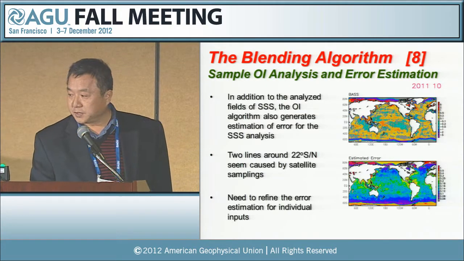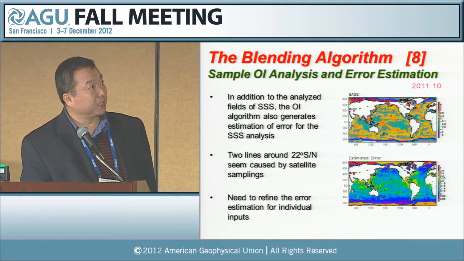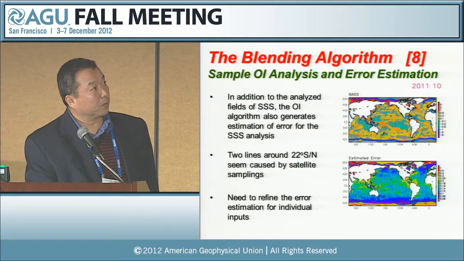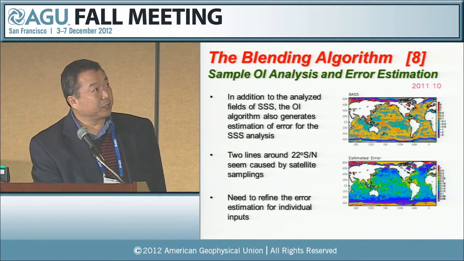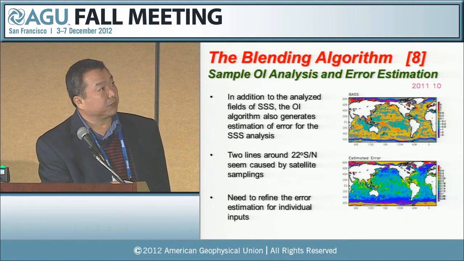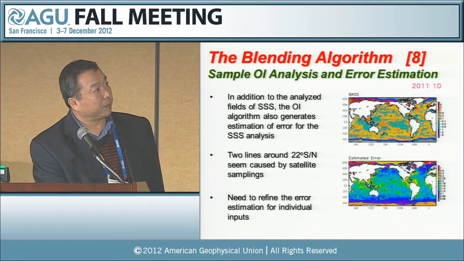And what's shown here is an example of the blended sea surface salinity analysis of the entire globe. This is for October of 2011. You can see a lot of fine structure that is presented here.